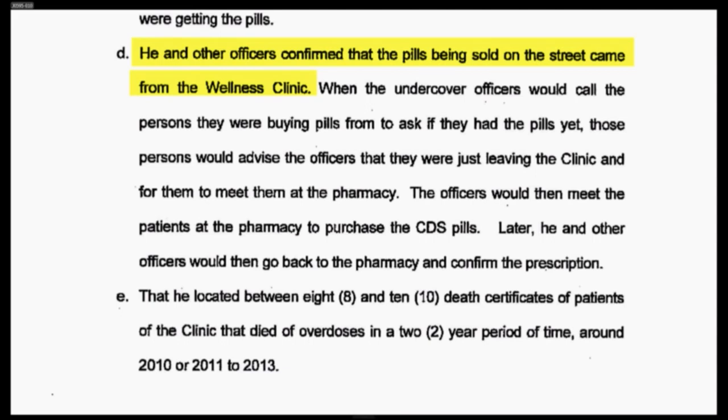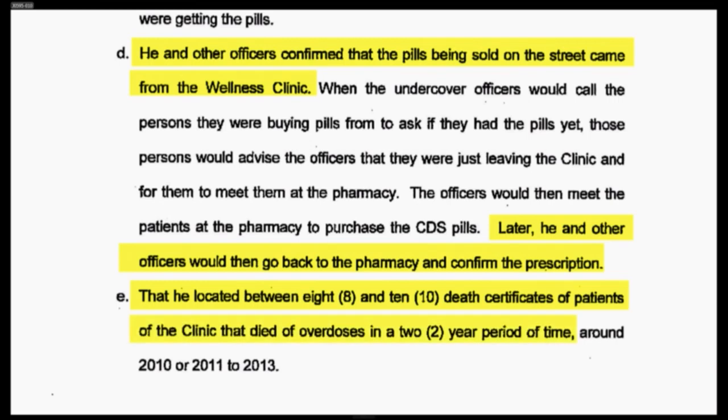And further, if we go down to subparagraph E, that he located between 8 and 10 death certificates of patients at the clinic that had died of overdoses in a 2-year period of time around 2010 or 11 to 2013, correct?